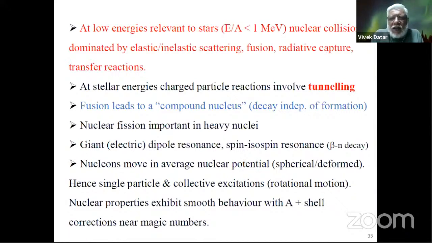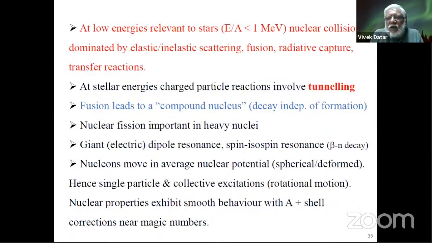The other processes that are important are the giant electric dipole resonance. This is a phenomenon where if you shine a photon beam on a nucleus and you start varying the photon beam energy, then you find a very broad resonance occurring at about 15 MeV or so in medium and heavy mass nuclei.